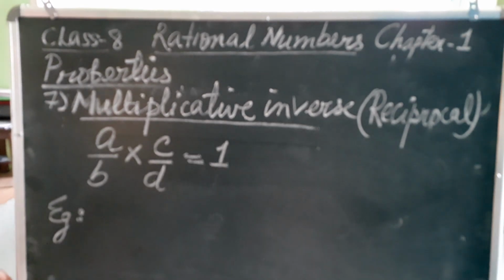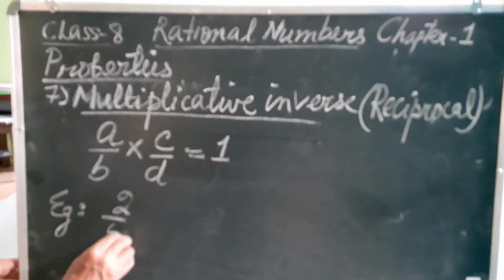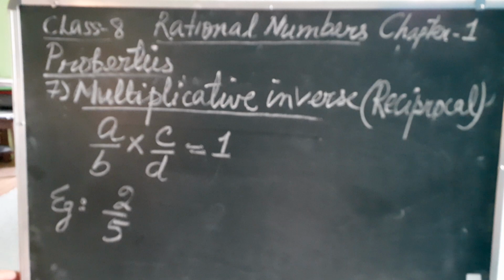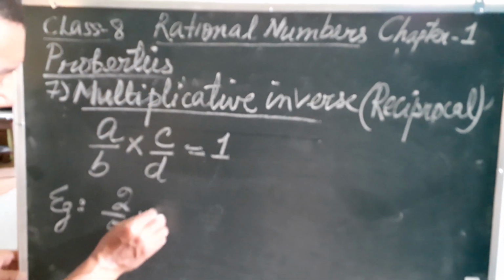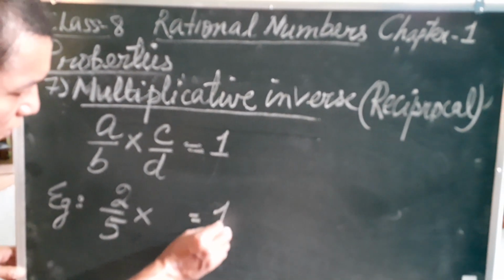Example, 2 by 5 is a rational number. If you multiply it by what number, the answer is 1?